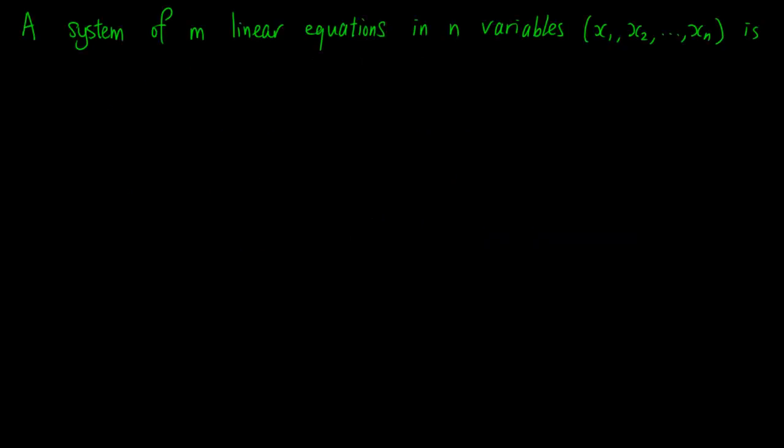Once we know what a linear equation is, we can put together several linear equations and require that all of them be solved at the same time. In this case, we have a system of linear equations, say there are m of them, in n variables, x1, x2 up to xn, and it has the following form. The first equation is a11 times x1 plus a12 times x2 plus all the way to a1n times xn equals b1.